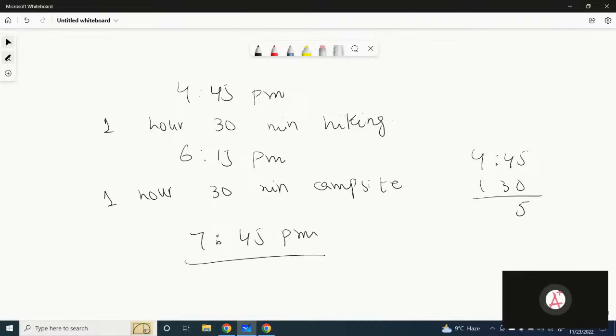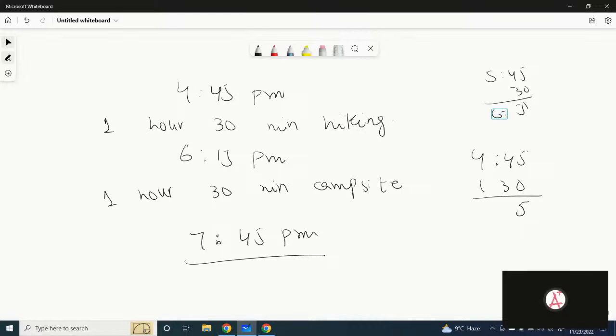I calculated the time like they started at 4:45. So add 1 hour 30 minutes to 4:45. 1 hour is 5:45, and when you add 30 minutes, it would be 6:15.